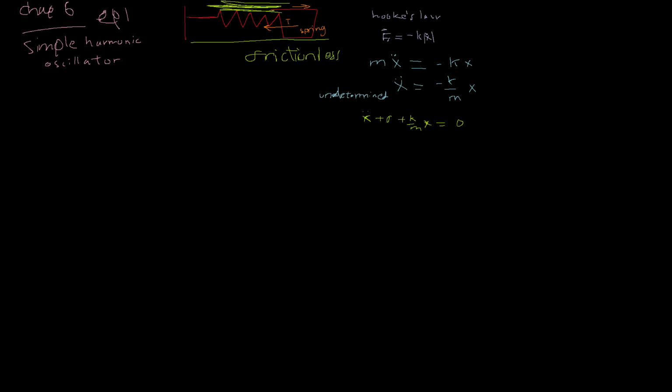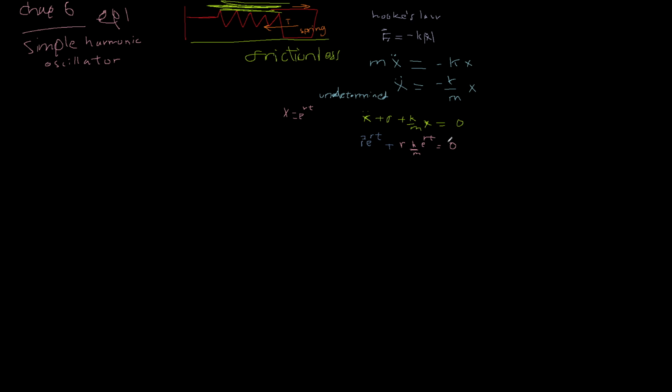Well, we're going to say x is equal to e to the power of rt, and we do this and we get r squared e to the power of rt plus k over m e to the power of rt equals 0.